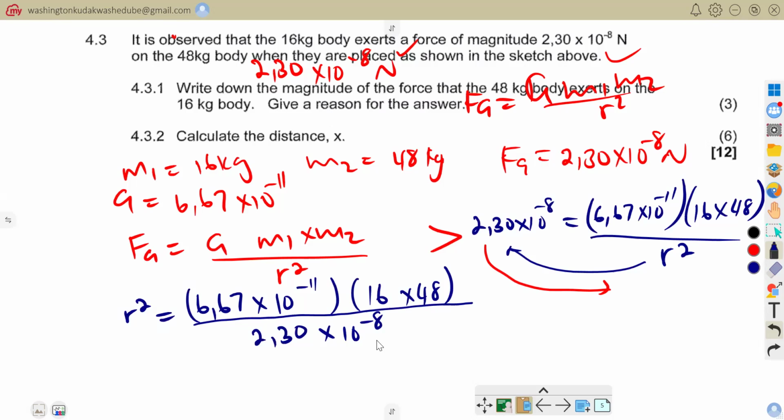I'm getting an answer of 2.2272. So R squared would simply be equal to 2.2272.